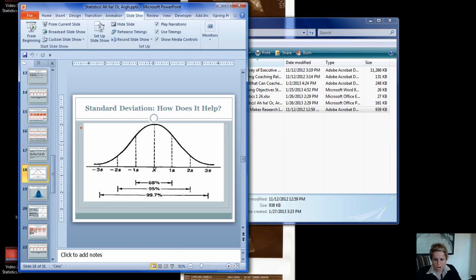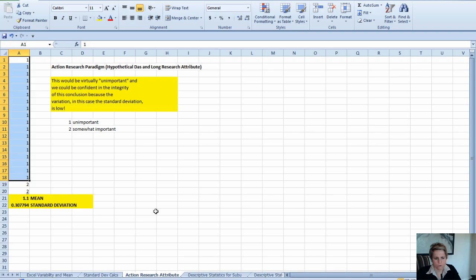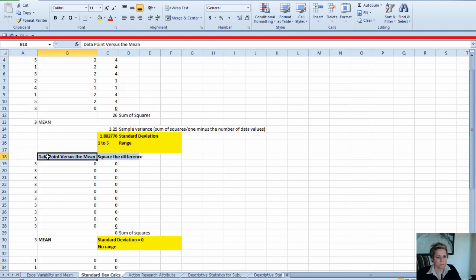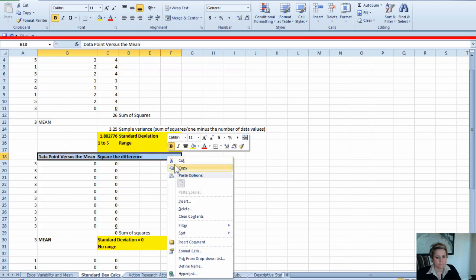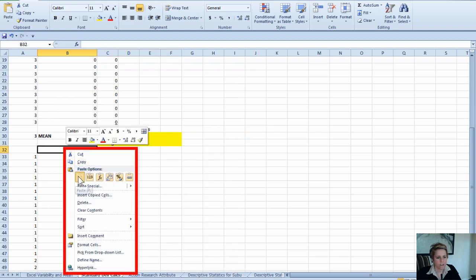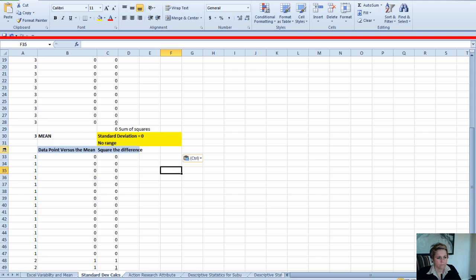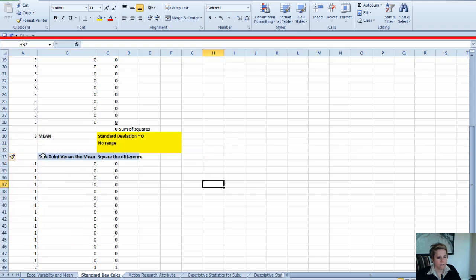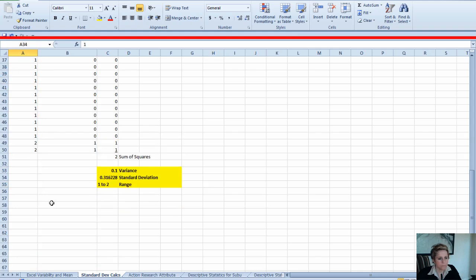Okay. Oh, yes, I have to go back there one more time. And so back to our standard deviation calculations. This would be the action research one I just showed you. You should copy and paste this again. So if we want to do the calculation one more time on the action research attribute, here's the data point.